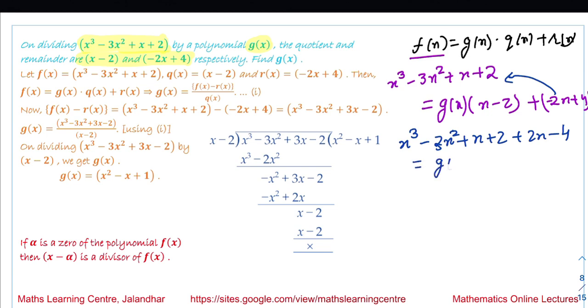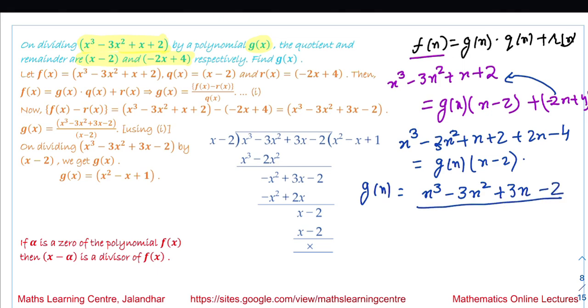So we will get it is gx into x minus 2. So the value of gx that we will have, it is x cube minus 3x square, and next it is plus 3x minus 2 over x minus 2.